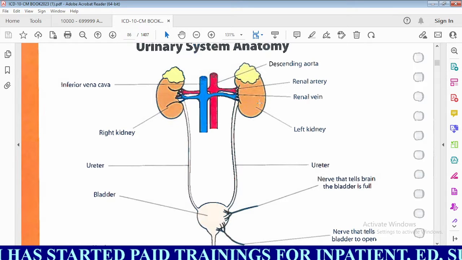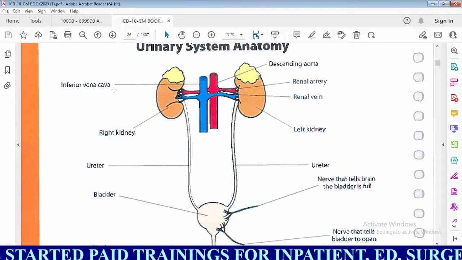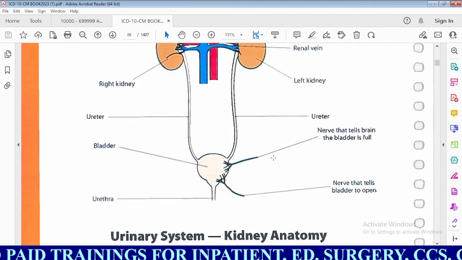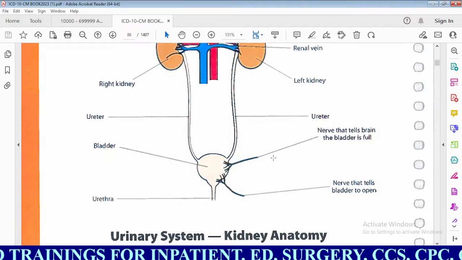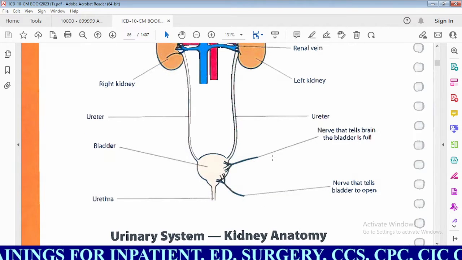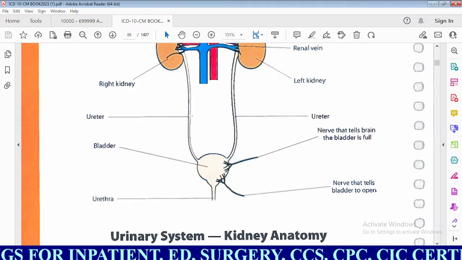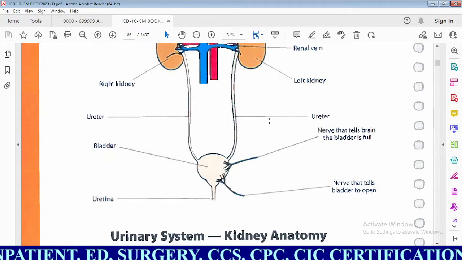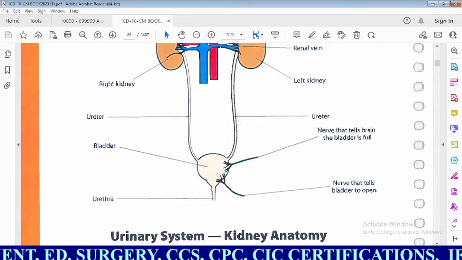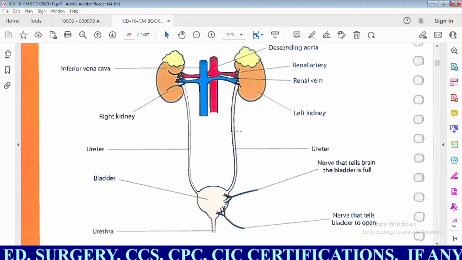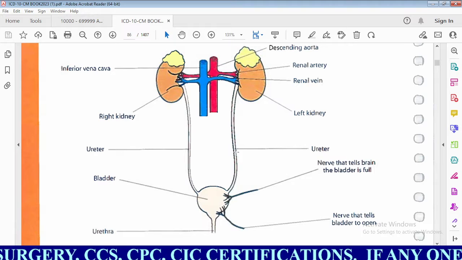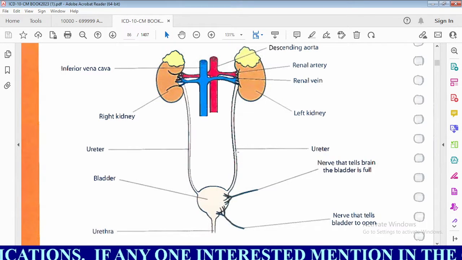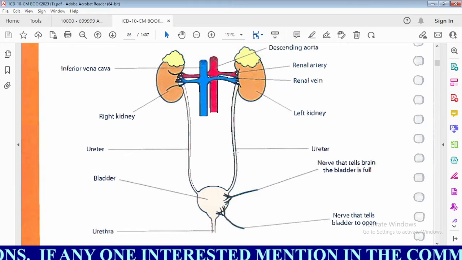We have renal artery and renal vein, and here we have inferior vena cava and descending aorta, and most important surgical part in same day surgery coders is ureter, bladder, urethra, and most of the time we will code in urinary procedure only. Urinary system procedures, common procedures include stent placement.